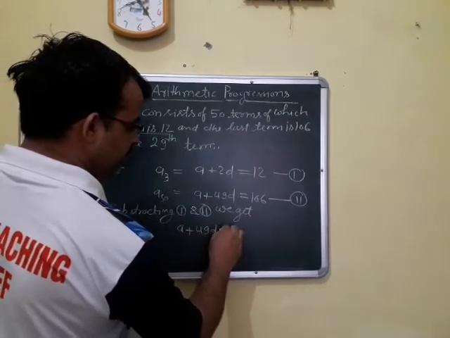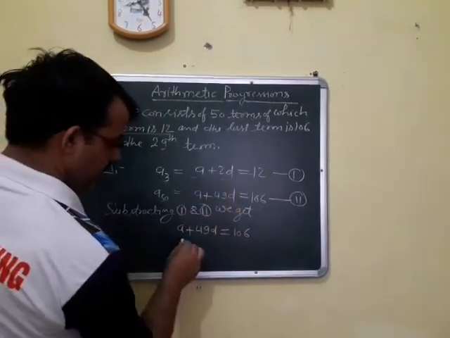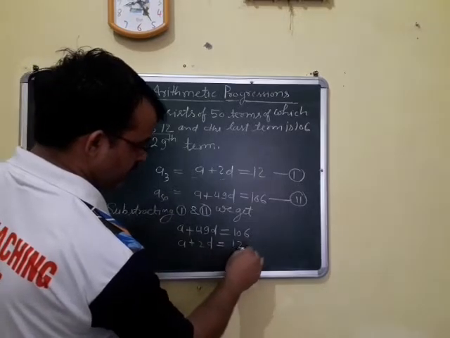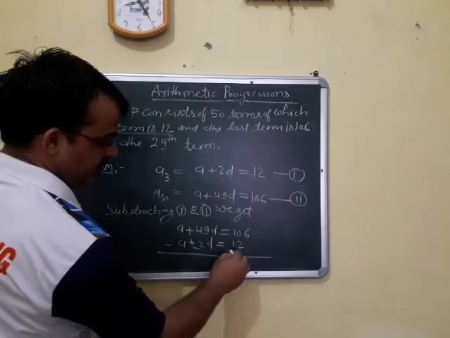A plus 49D is equal to 106, and subtract A plus 2D is equal to 12. When we subtract, the sign is changed here. Clear?